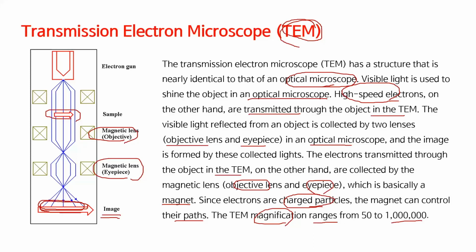And inside the TEM, the high vacuum should be maintained because electrons are moving inside the tube, and so there should be no gases inside. So high vacuum should be maintained here inside.